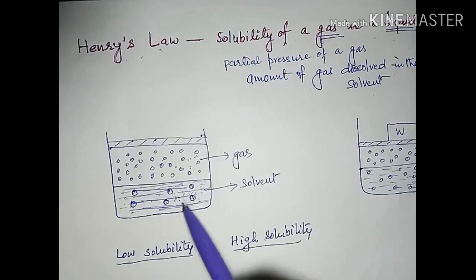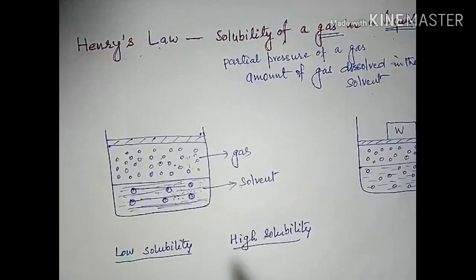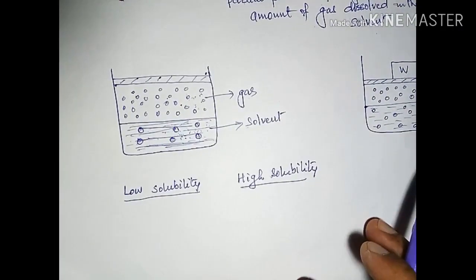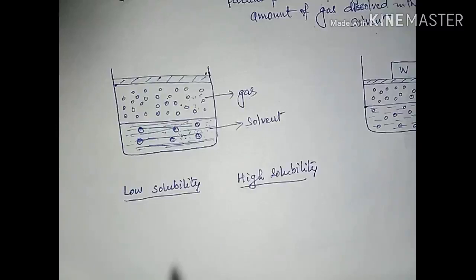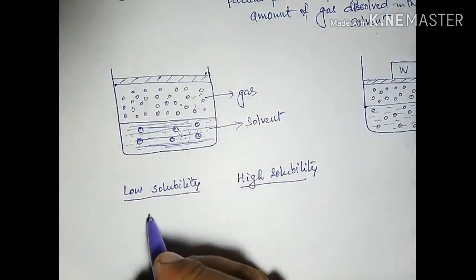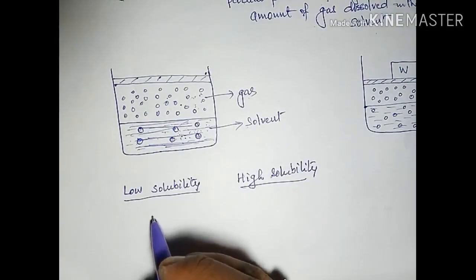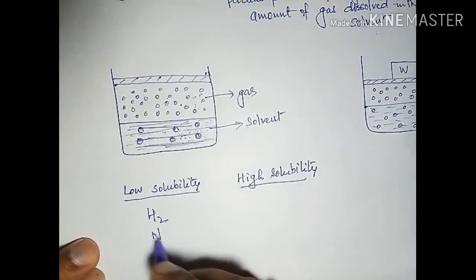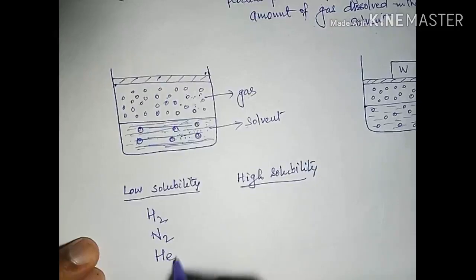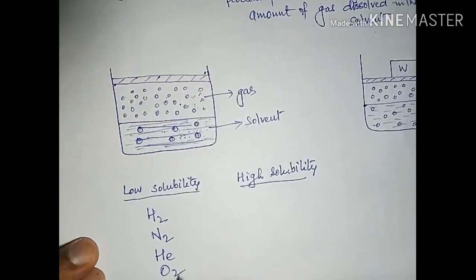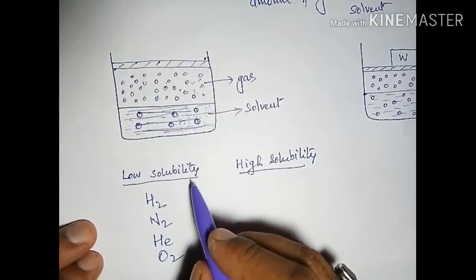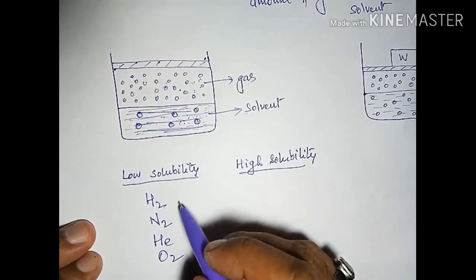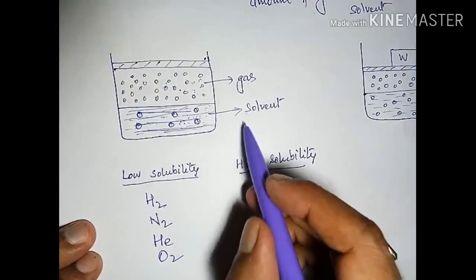Now some gases dissolve to a greater extent, and some gases have very low solubility. Let us take for example hydrogen, nitrogen, helium, or O2. Their solubility is very low in water, where we have taken water as the solvent.